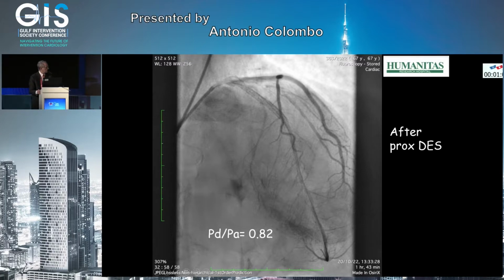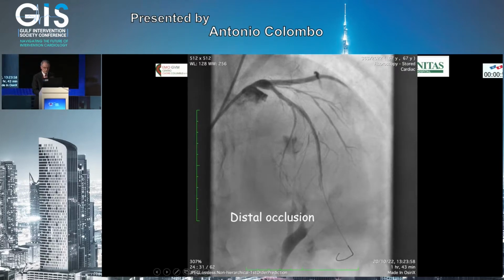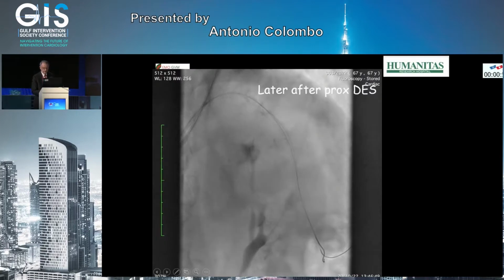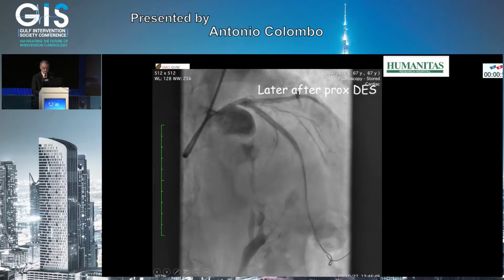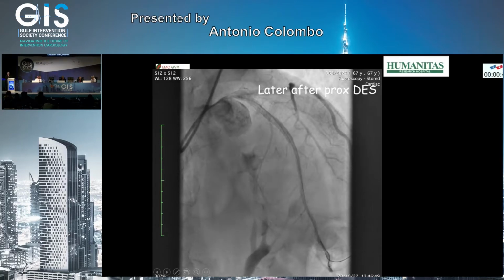What would you have done at this point? You still did not use drug-coated balloons. So there is still a dissection. Yes, there is a dissection. When do you say this is a non-occlusive dissection? But this dissection is not a benign dissection, for two reasons.